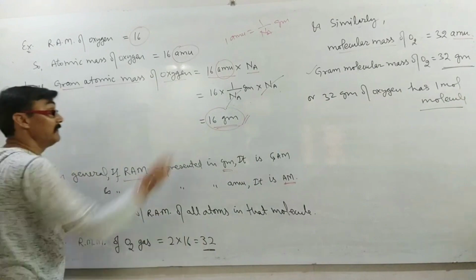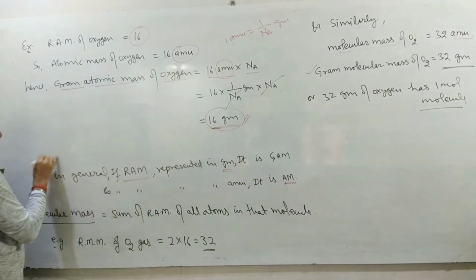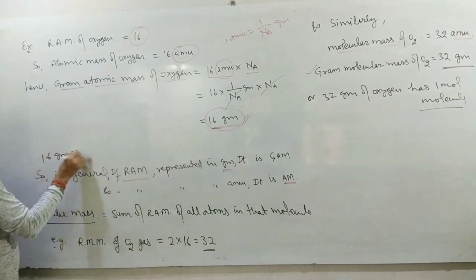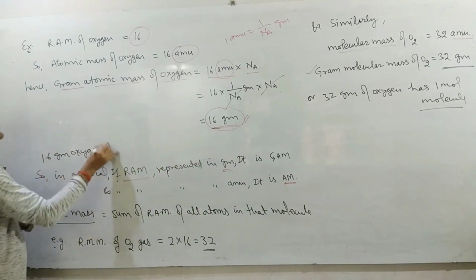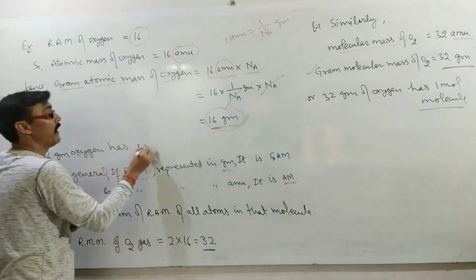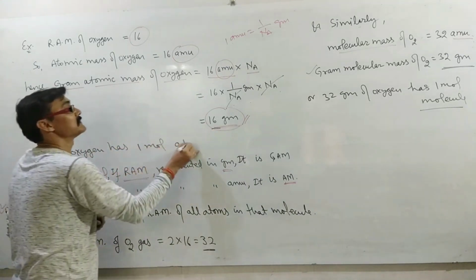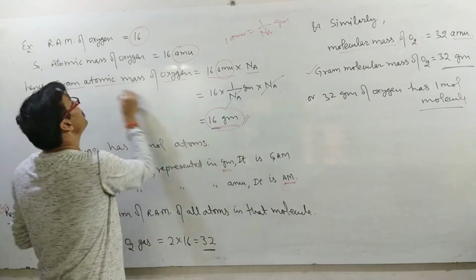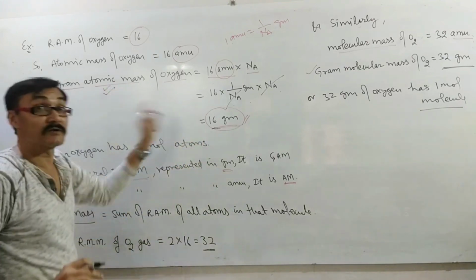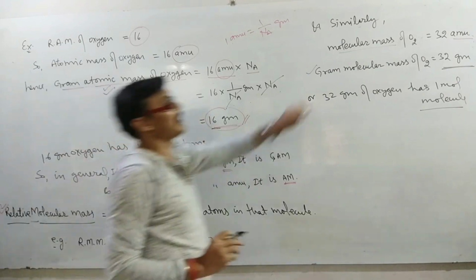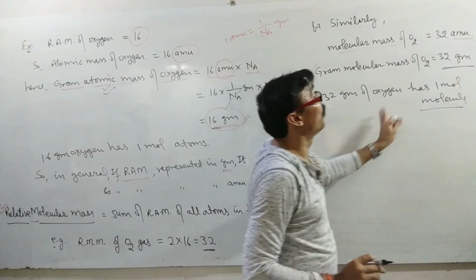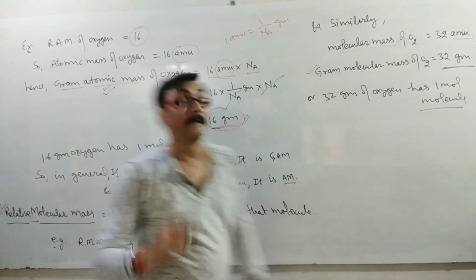On the other hand, 16 gram of oxygen has 1 mole atoms because it is gram atomic mass of 1 mole atoms. It is gram molecular mass of 1 mole molecules. Okay?